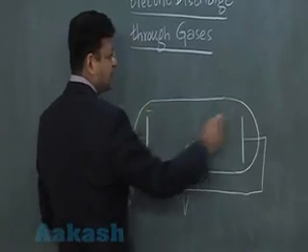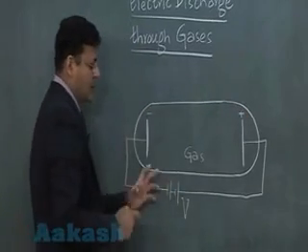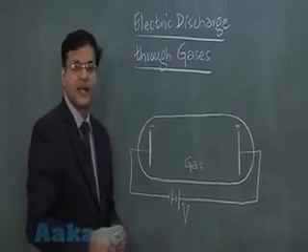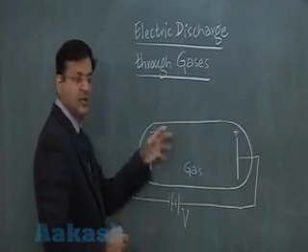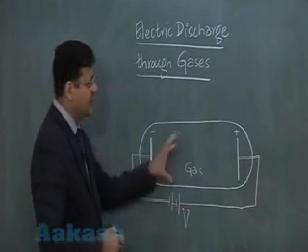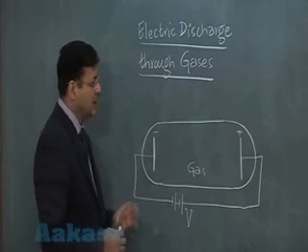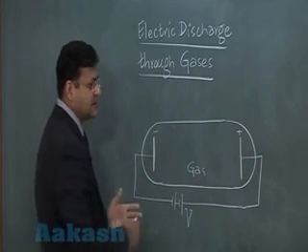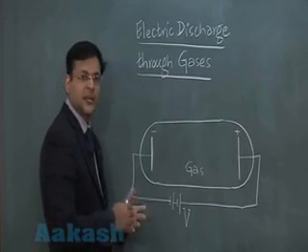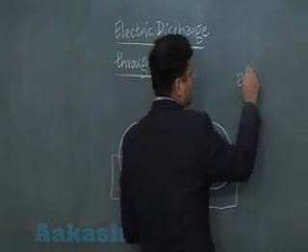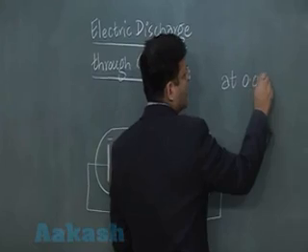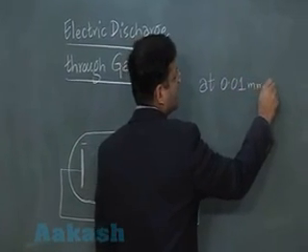This is negative end, this is positive end. Now if you are keeping the voltage very high in, say, kilovolts, and gradually you start reducing the pressure of the gas which is inside, at sufficiently low pressure, approximately you can say 0.0 mm of Hg pressure.